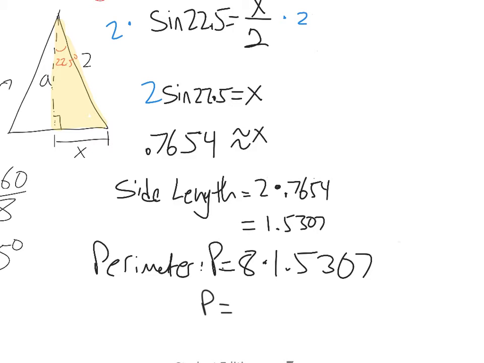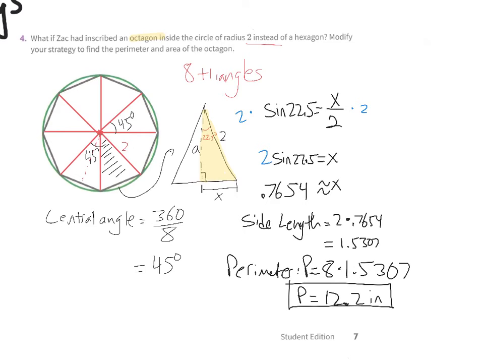Okay, so we found the perimeter. We'll round that off to 12.2 inches. So the big idea here is we find the half side, that x, and then we use that to find the whole side length. And once we find that side length, since this is a regular octagon, we can multiply that by 8.